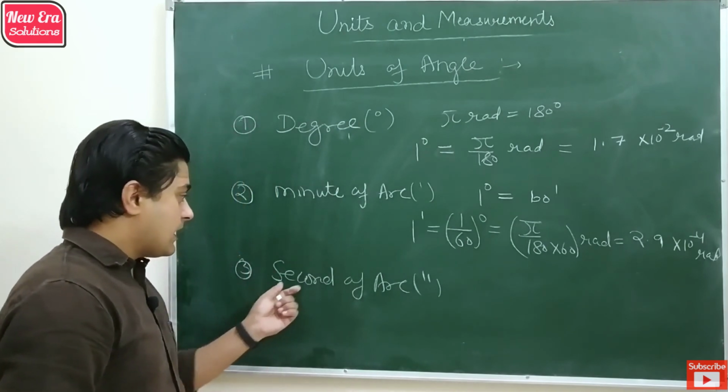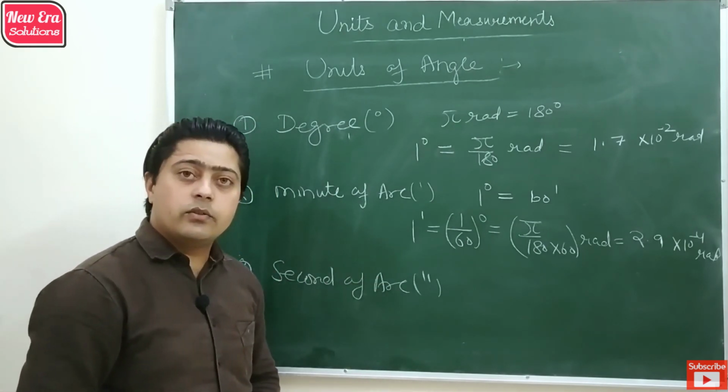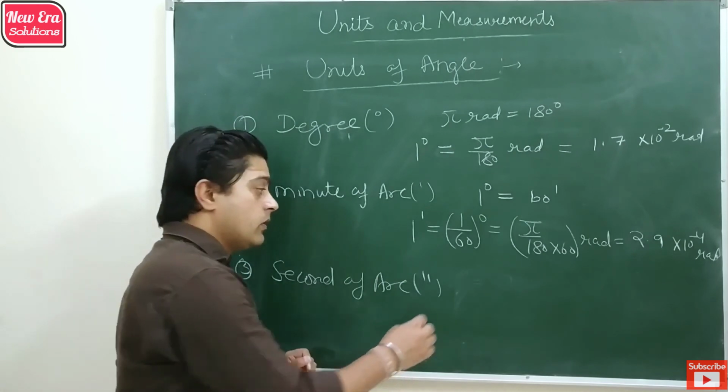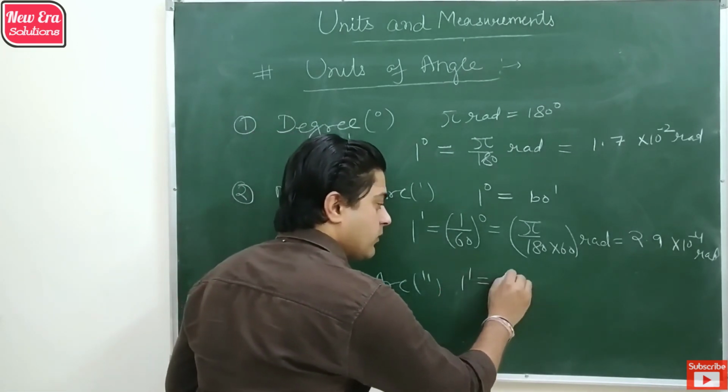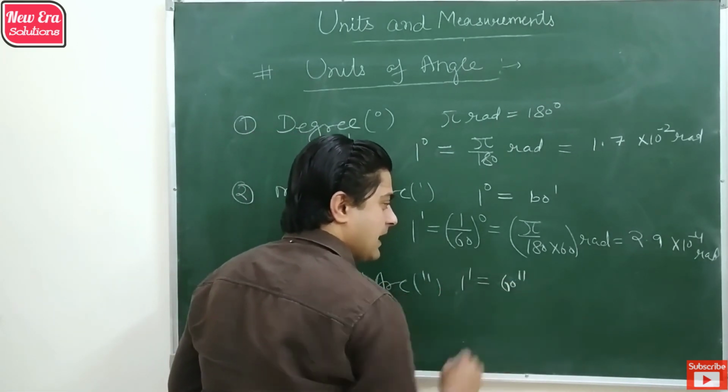Then the second of arc is the third unit of angle. So 1 minute is equal to 60 seconds.